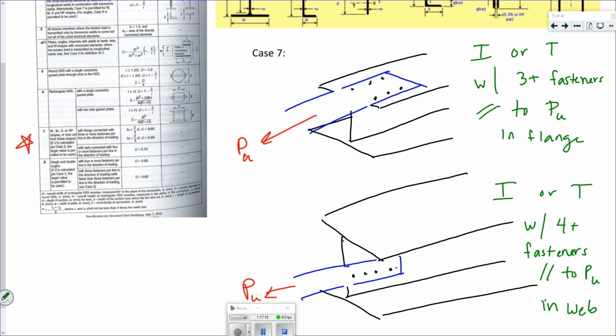Because case 7 is just an approximation. So if you have a different number, you can use it.